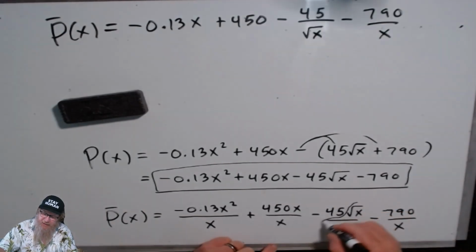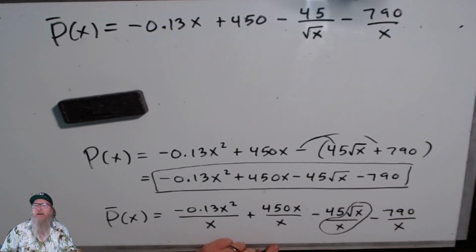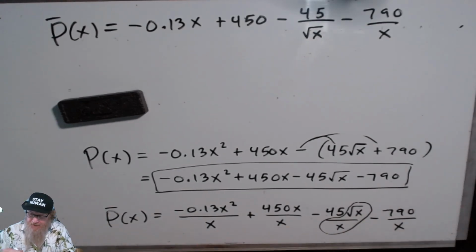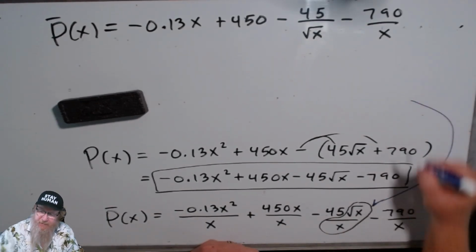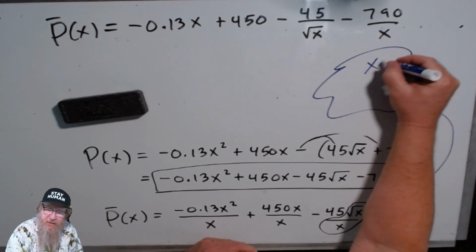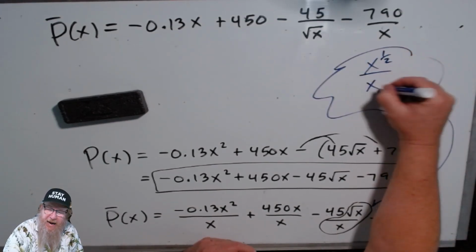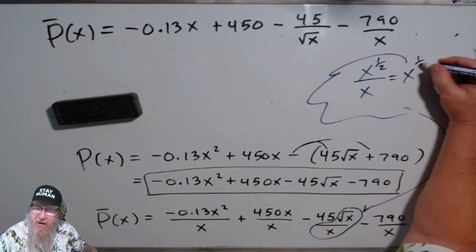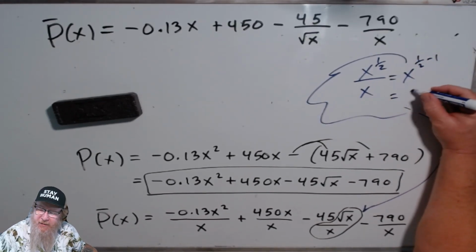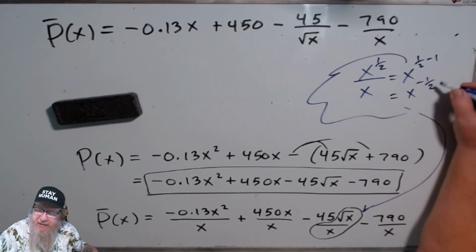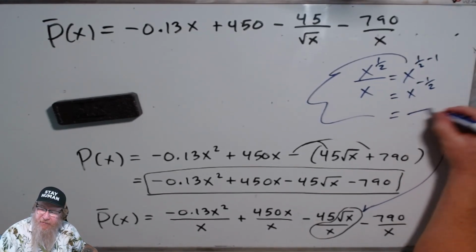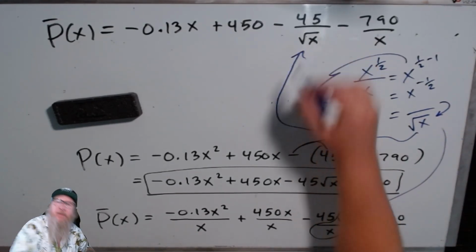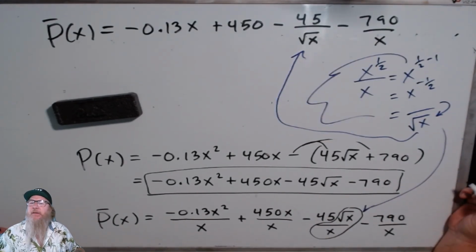This one's a little tricky here. So this is X to the 1/2 over X, which is X to the 1/2 minus 1, which is X to the negative 1/2, which puts the square root down in the denominator.